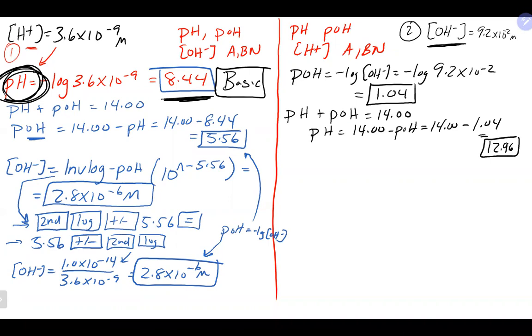Again, at this point you could take the inverse log of the pH and get the H plus concentration. Or you could still use Kw like we did earlier if you like that better. So H plus would be 1 times 10 to the minus 14 divided by 9.2 times 10 to the minus 2, and that gets us 1.1 times 10 to the minus 13 molar.